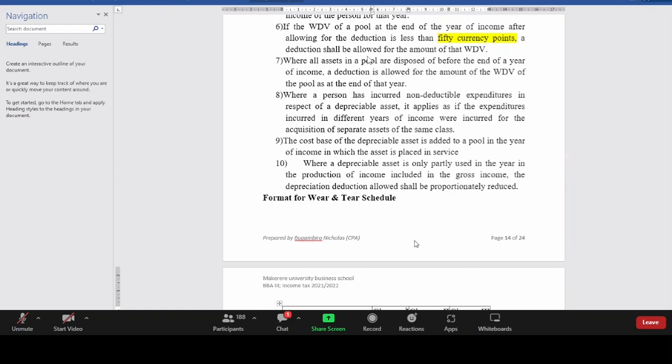Now, where you incur a non-deductible expenditure, implying it is not among the specific, it is not startup costs, it is not a minor capital equipment, it is an expenditure on that asset in respect of a depreciable asset, it applies as if the expenditure incurred in different years were incurred for the acquisition of separate assets of the same class.